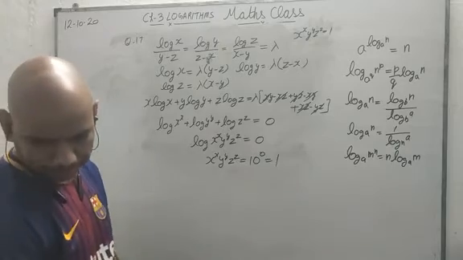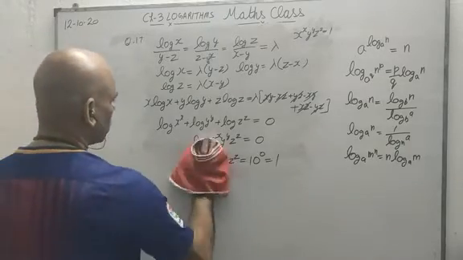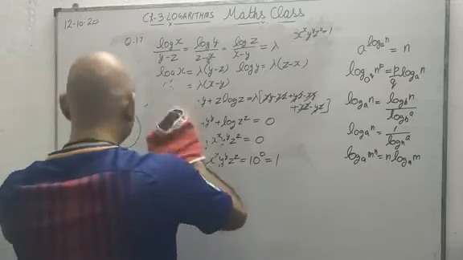Then sometimes what can happen in question number 19, he is telling us something.